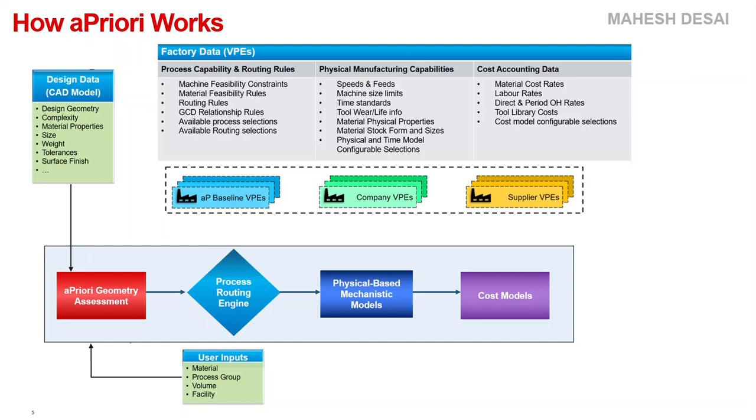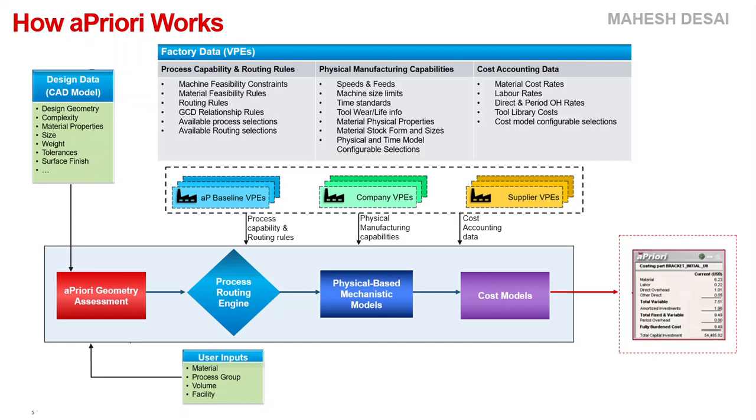Then supplier VPEs are based on the supplier's in-house capabilities, and a customized VPE can be built using this. Using this VPE, for the given CAD file, this tool will provide us the final costing.